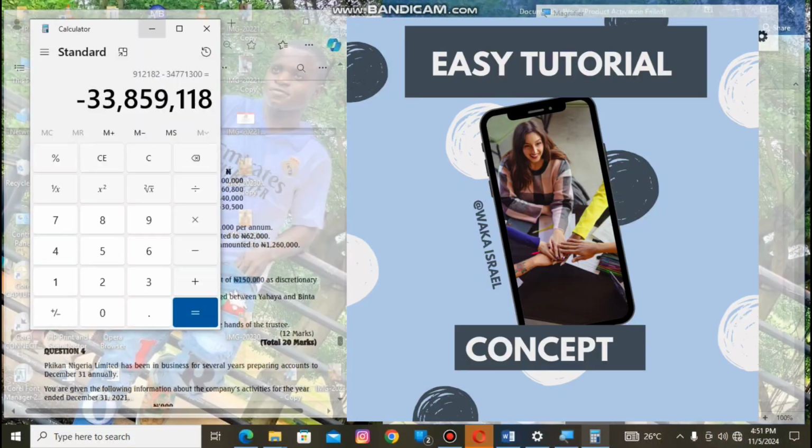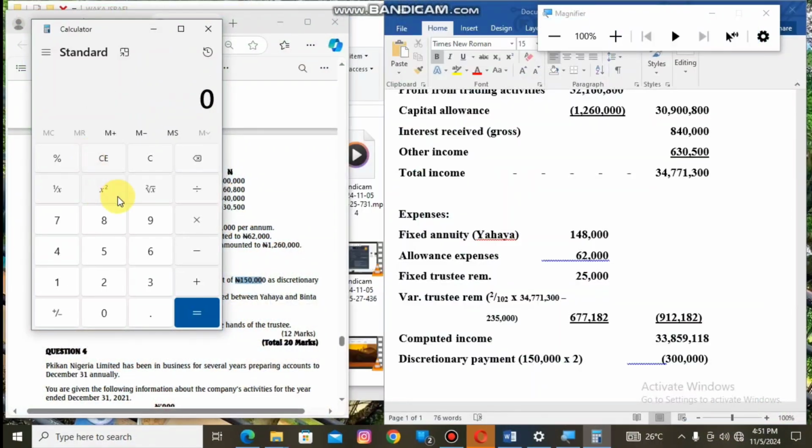Let's use the calculator. 33,859,118 minus 300,000 will give us 33,559,118. So this will be the distributable income.